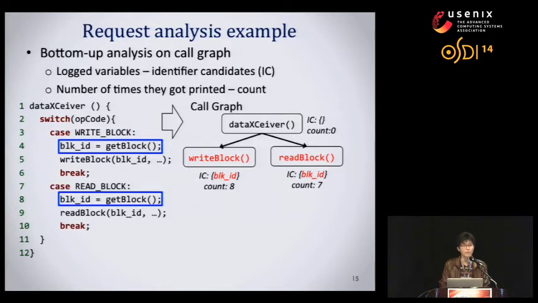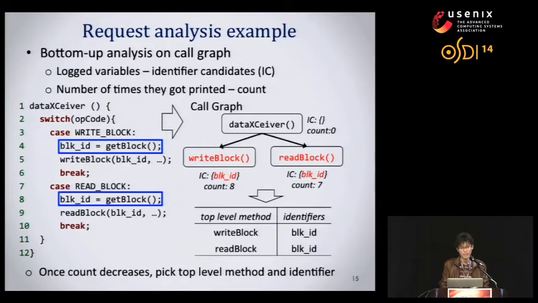So it's removed from the identifier set, and the count decreases to 0. This indicates that the frequently logged variable is modified, and likely we are getting out of the request. So we pick the top-level methods as write block and read block instead of data exhibitor. Also, we pick block ID as a request identifier.